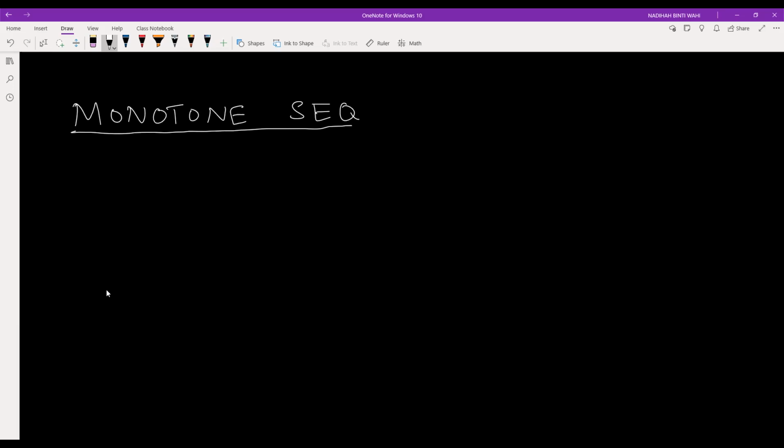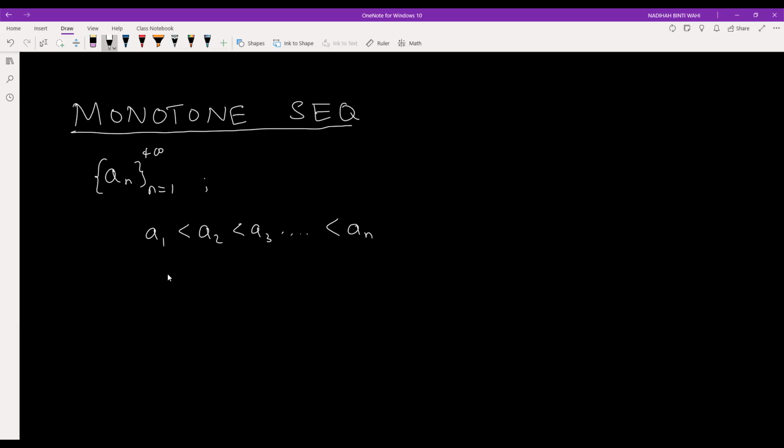Let's say I have a sequence, A of n, n is 1 until infinity. And let's say A1 is less than A2, is less than A3, and so on, less than A of n. So this is like 1, 2, 3, 4, 5, 6, and so on.